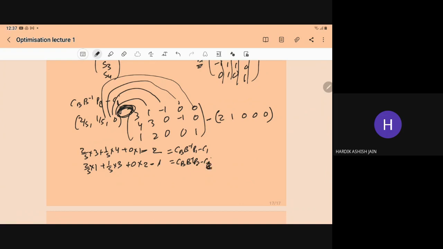Similarly, for the last column we have 0 plus 0 plus 0, minus 0. That is the CB B inverse P5 minus C5. So that is the CB B inverse PJ minus CJ.